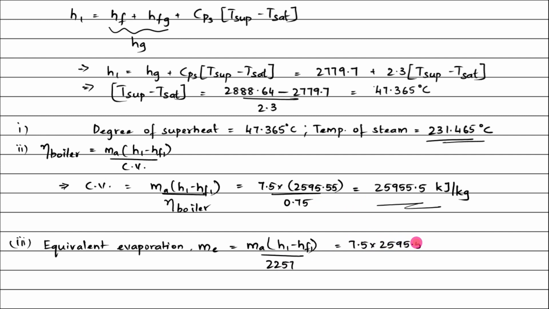So 7.5 multiplied by 2595.55 and divided by 2257, I get the equivalent evaporation as 8.625 kg of steam per kg coal.